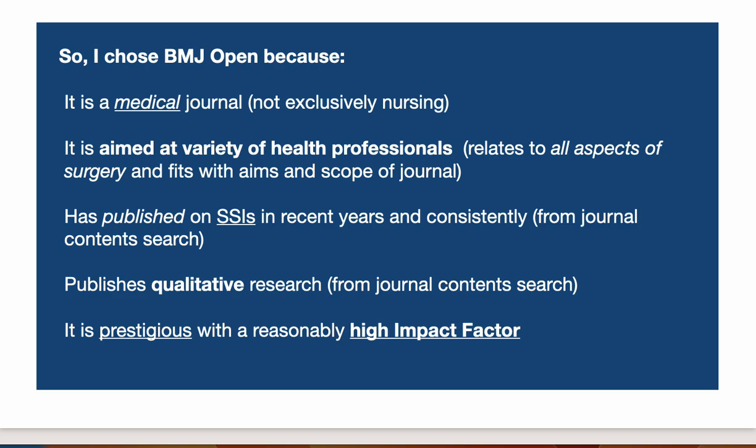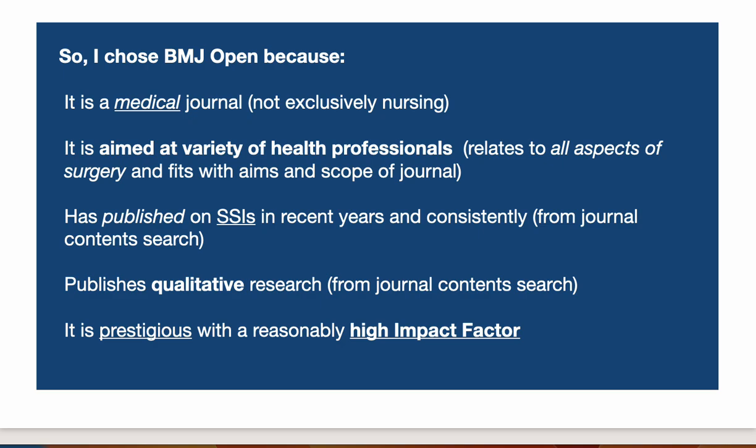So from the 5 that I had from my sifting process, I chose the BMJ Open because it's medical rather than nursing. So I didn't want a journal that was too exclusively nursing, because a lot of what I'm writing about applies to surgery in the operating theatre. So I wanted something which had more of a medical audience as well as a nursing audience.